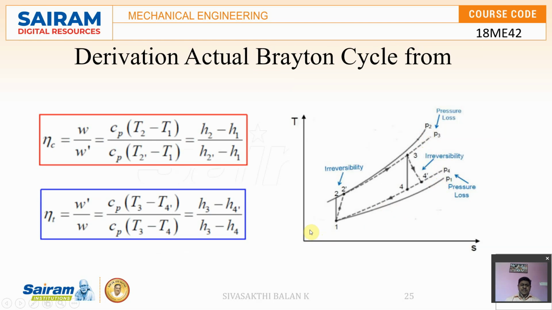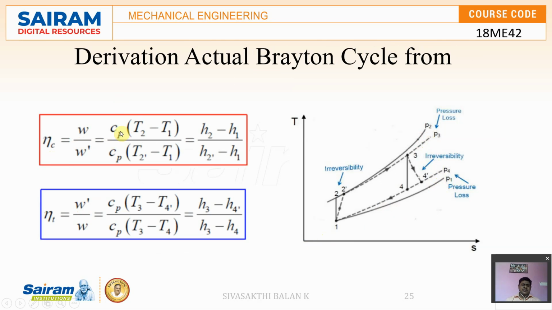And as I said, there are two new terms introduced apart from the existing ones: the isentropic efficiency of the compressor and the isentropic efficiency of the turbine. Isentropic efficiency of the compressor is defined as the ratio between the ideal work done and the actual work done in the compressor.